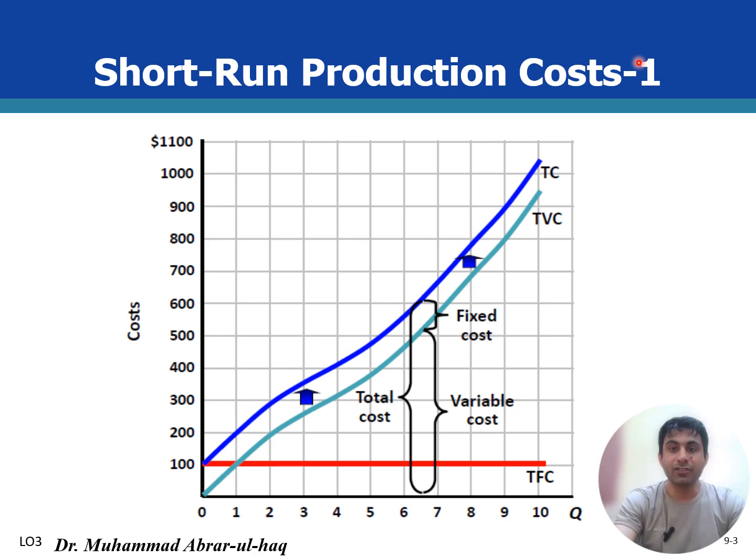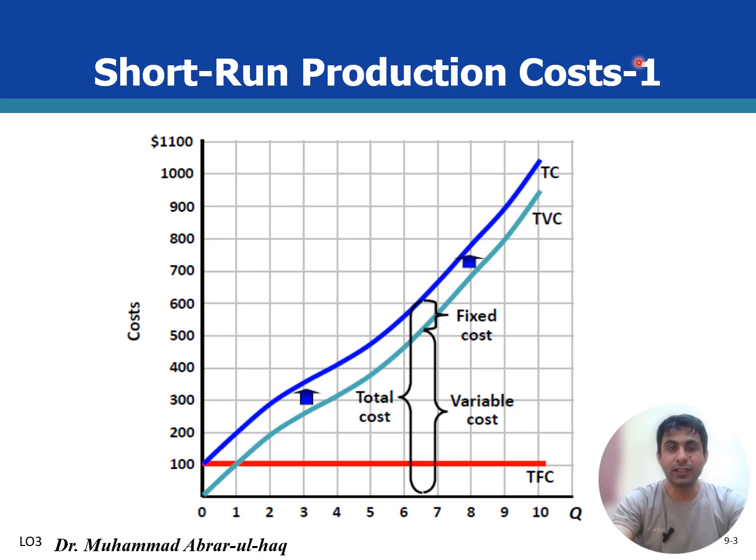So the relationship between the total cost, the total fixed cost, and the total variable cost is fundamental in cost analysis. Total cost is simply the sum of the total fixed cost and the total variable cost at any given output level, illustrating the vertical addition of the fixed cost and the variable cost.